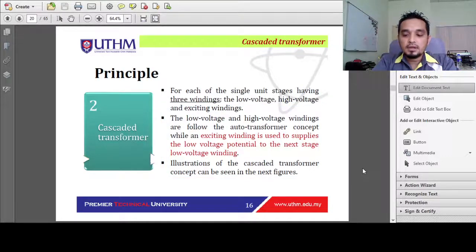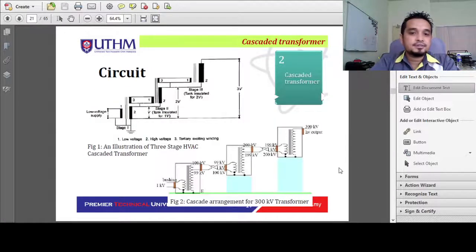Let's consider this representation of a cascaded transformer. This is the illustration of the 3-stage high voltage alternating current cascaded transformer: stage 1, stage 2, and stage 3, and this is the circuit representation. One straight transformer is combined with another and another, 3 of them altogether.